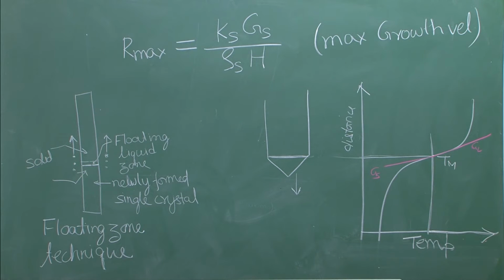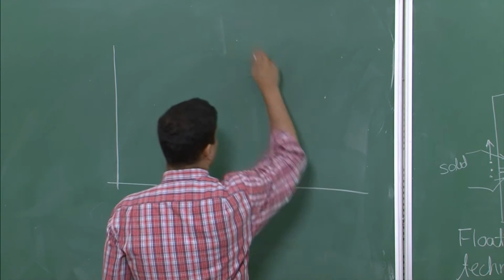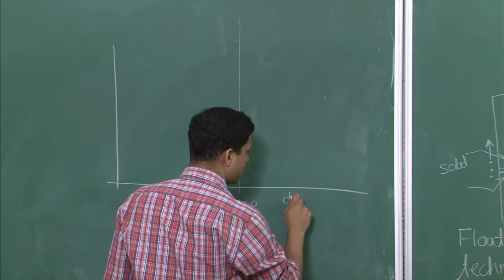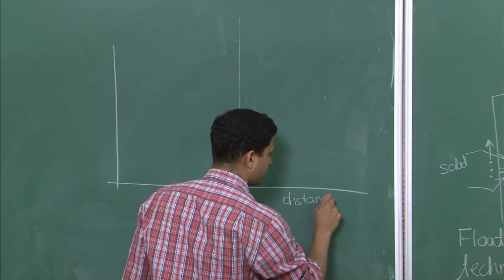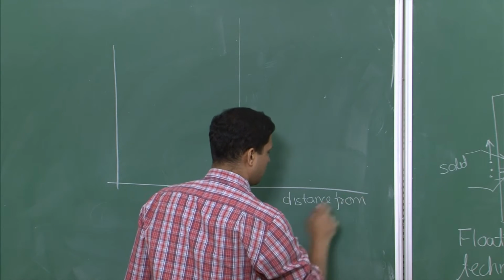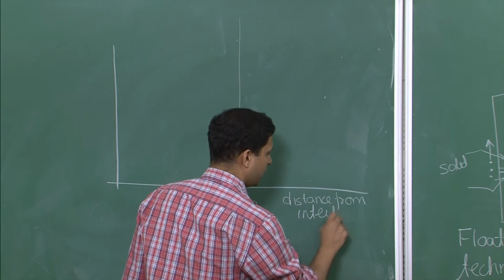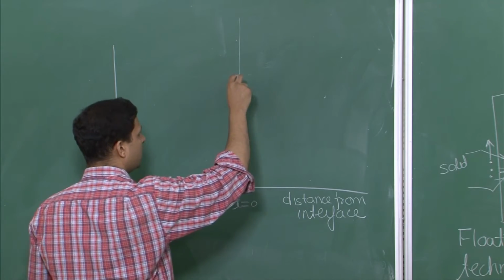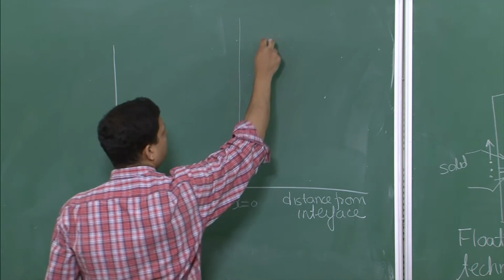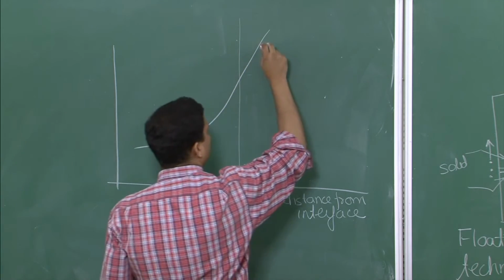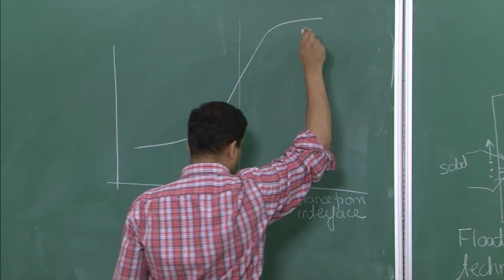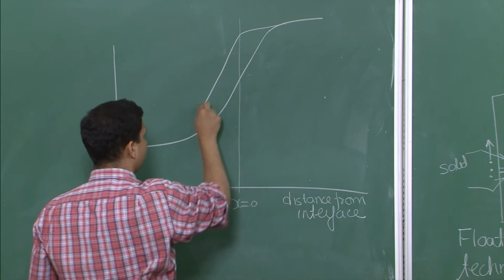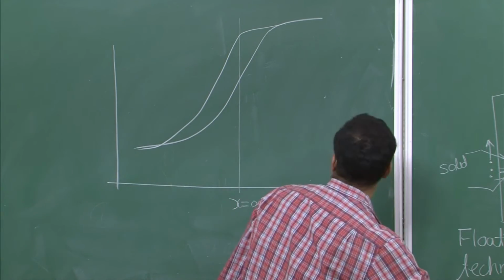So, let us say this is the interface, we will say this interface is x equal to 0, and therefore, this x axis is nothing but distance from interface, the interface of solid and liquid. On one side we have solid and on the other side we have liquid. I have drawn it a little bit wrong, my mistake.